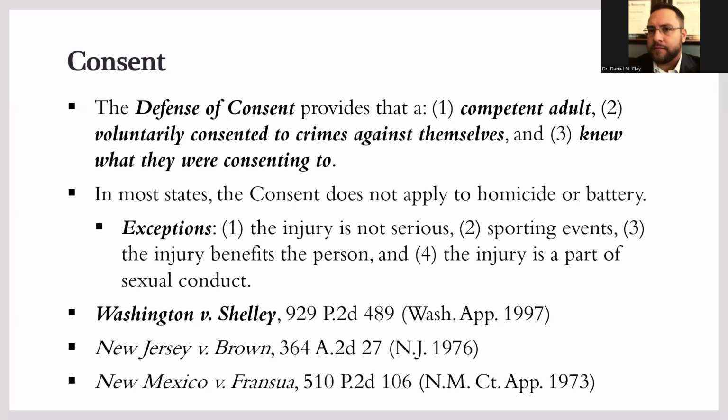So you're an adult and you're mentally all there, you don't have some kind of intellectual deficiency, you voluntarily consent to the crime against yourself, and you know you're consenting to it. Generally speaking, we are going to allow it.